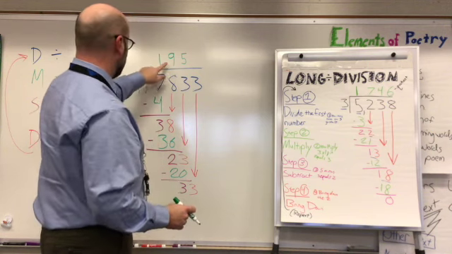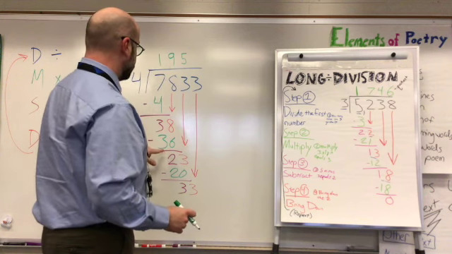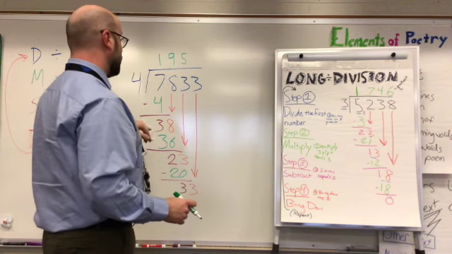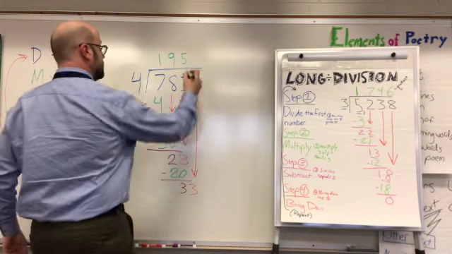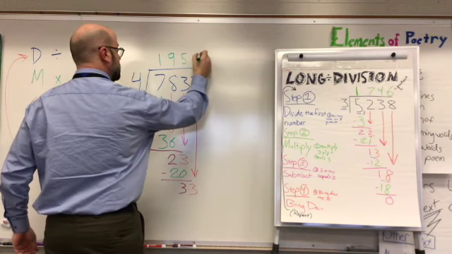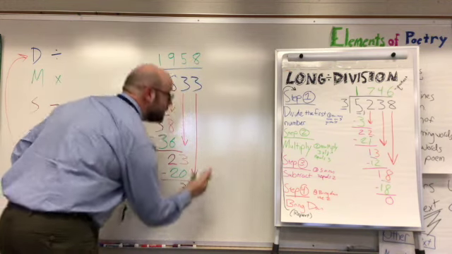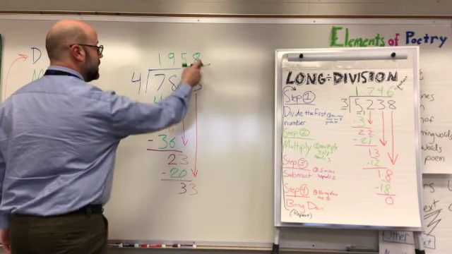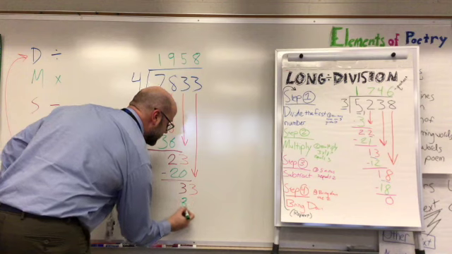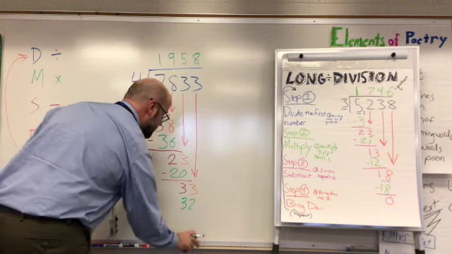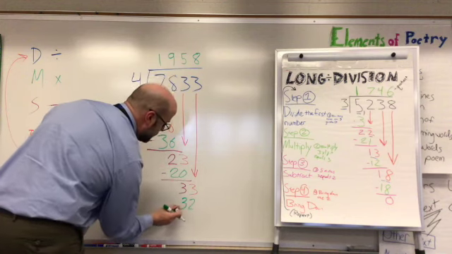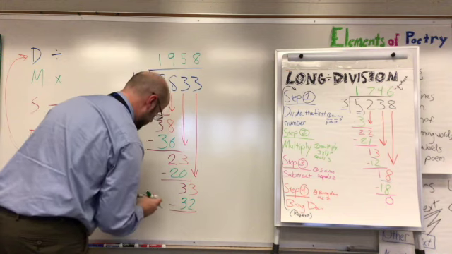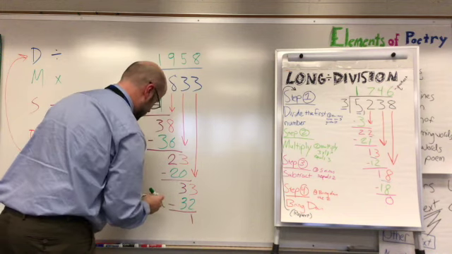If I take away 1, 36 minus 4 would be 32, so that means 4 times 8. Step 1, divide. Multiply. 4 times 8 is 32. Subtract. 33 minus 32 is 1.